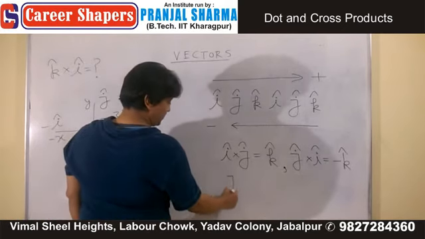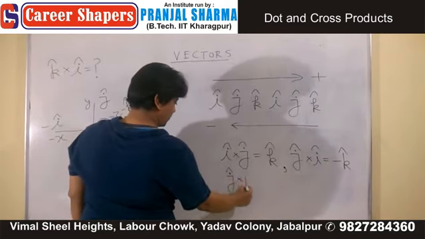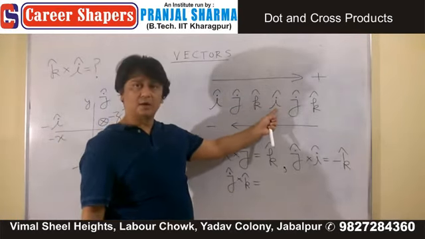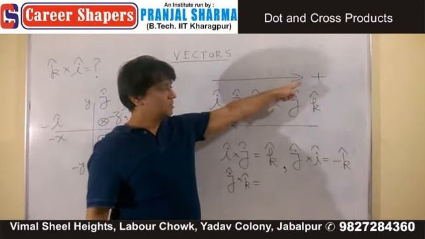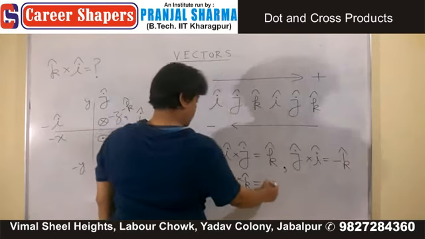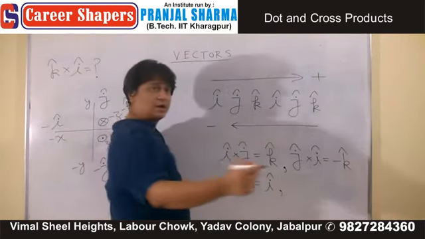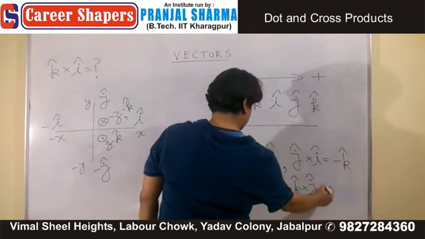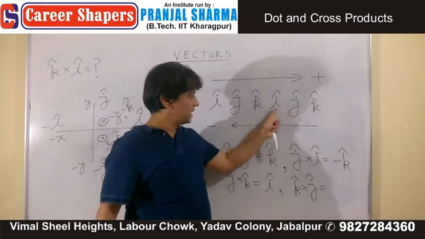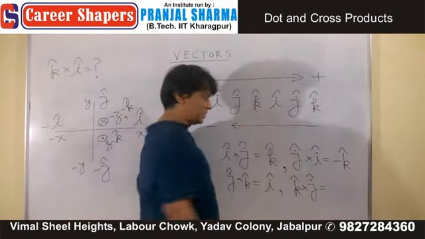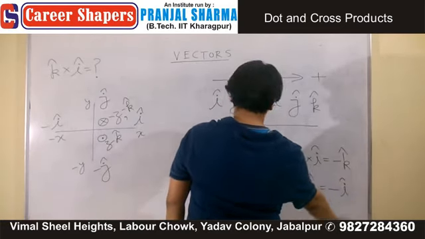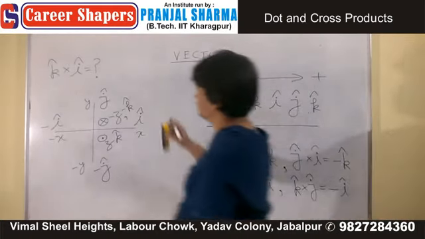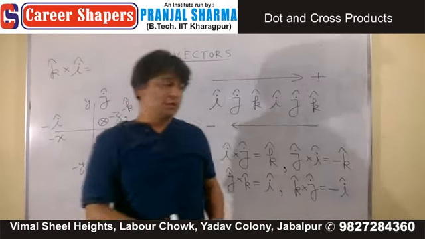Similarly, if somebody says find out J cross K, J cross K, next thing, I, you're moving in this direction, things are positive. What is J cross K? I cap. If they say K cross J, K cross J is the next one, I to the left, and therefore minus I. Now, I asked you K cross I. So if you need K cross I, you will do what?